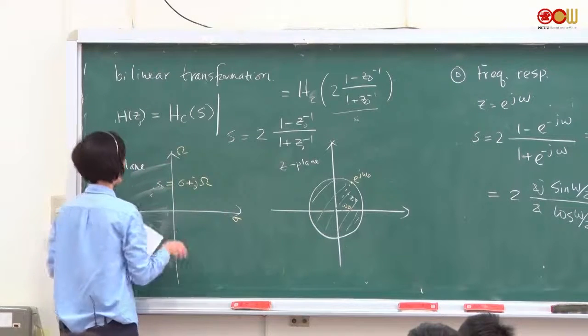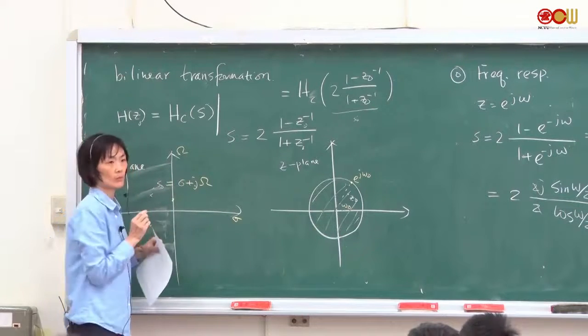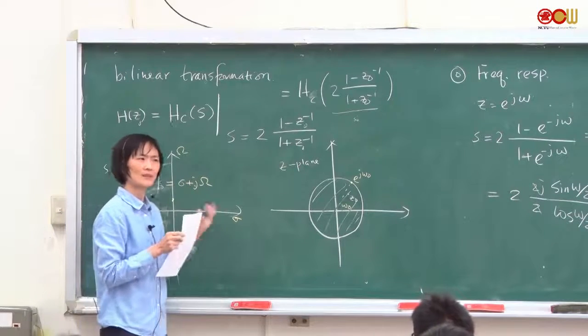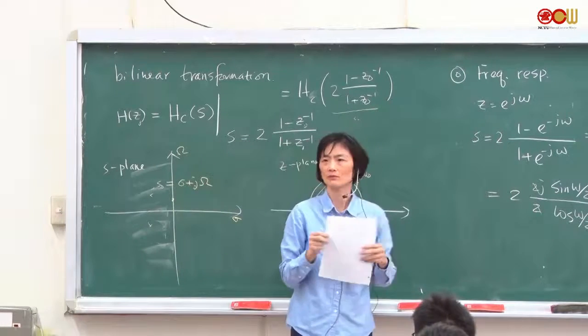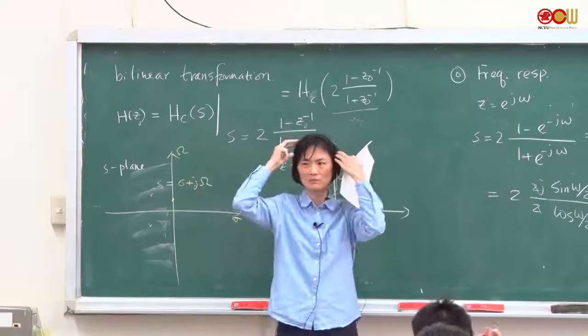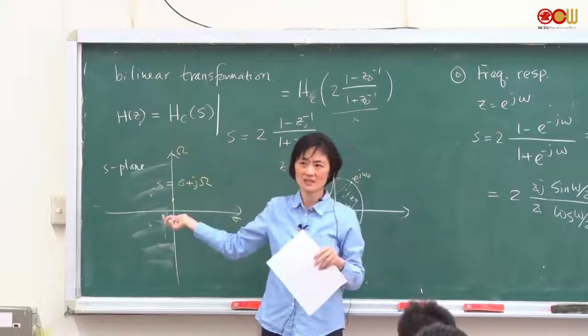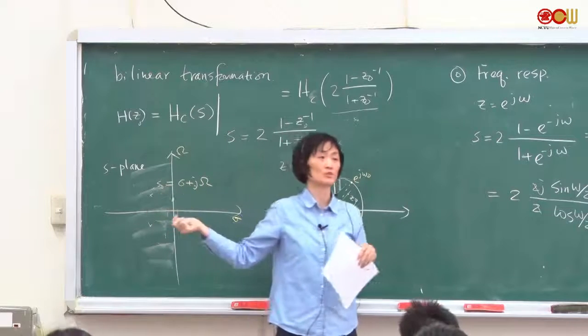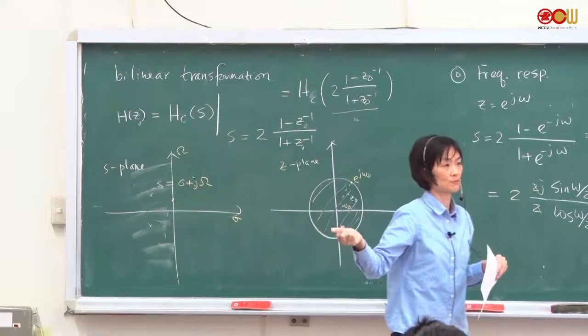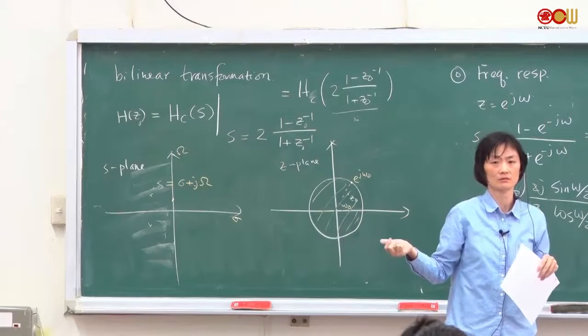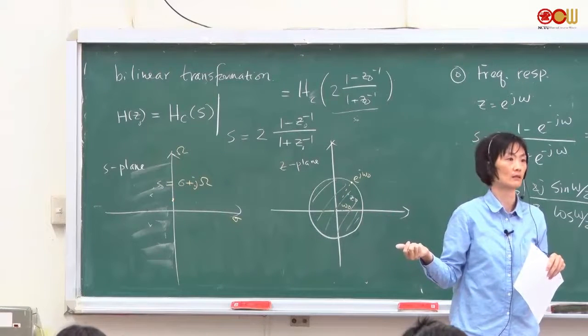Right on the imaginary axis. Somewhere here. Okay? And what does that mean? What does a value on the imaginary axis mean? That's the frequency response of the analog filter. That's the frequency response of the analog filter, right?